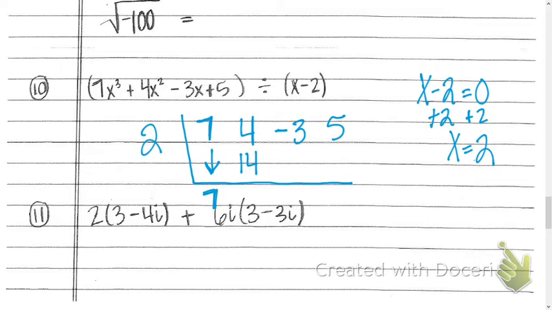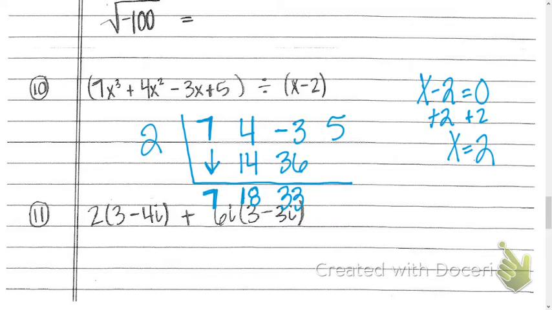So 4 and 14 make 18. Then we start over. 18 times 2 is 36. Negative 3 plus 36 is 33.